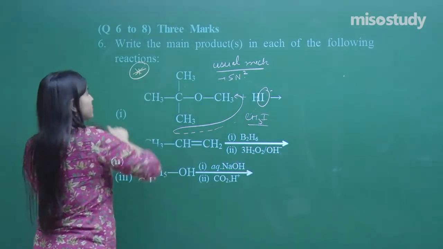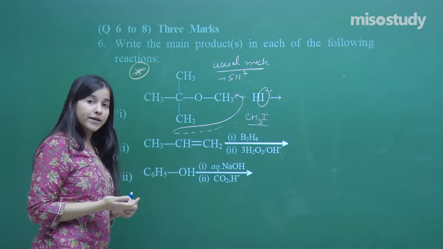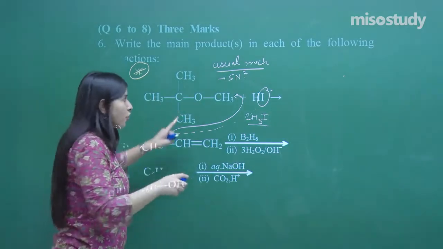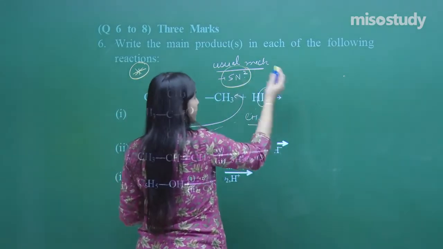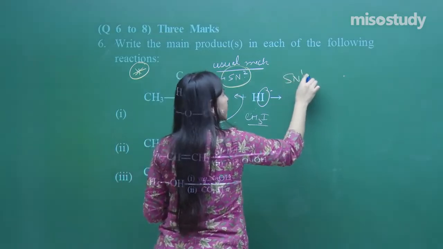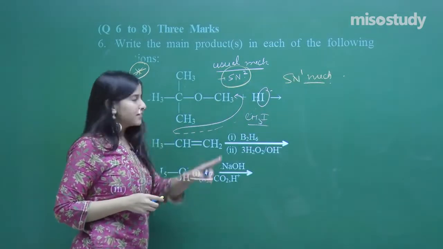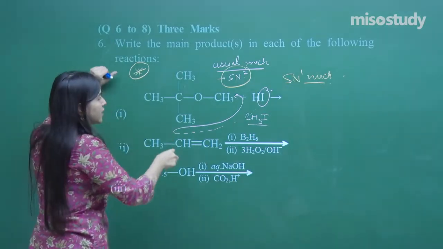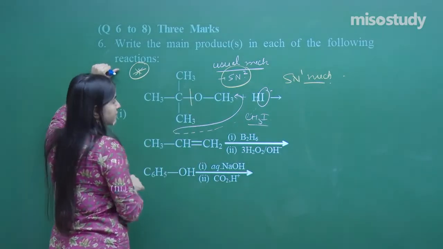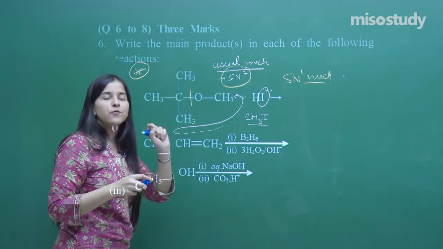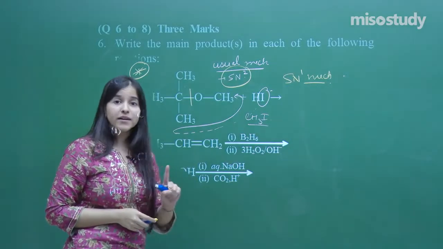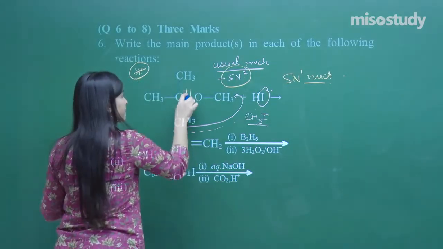Try to mark it as important. This is an exception. Why? Here not the SN2 mechanism, but the SN1 mechanism will be followed. Can you tell me why? SN1 mechanism is followed because here if we break this, it will form a very stable carbocation, and that is why SN1 is favored over here.